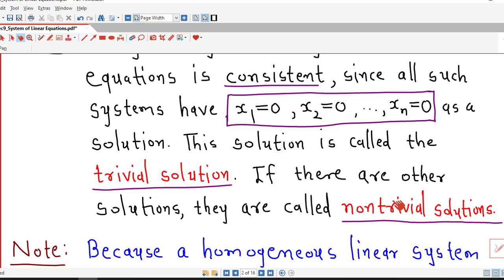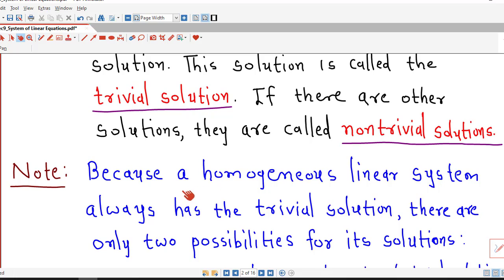So non-trivial solutions means solutions in which at least one variable has a non-zero value. So now we know that a homogeneous linear system is always consistent. It always has the zero solution or trivial solution.